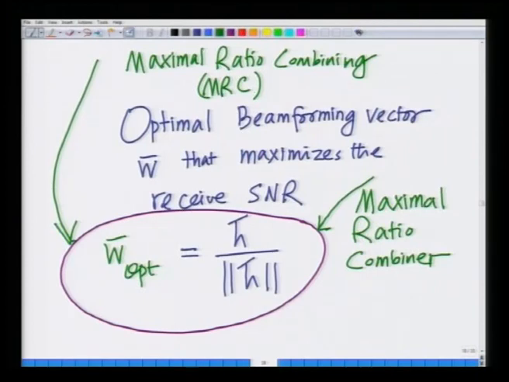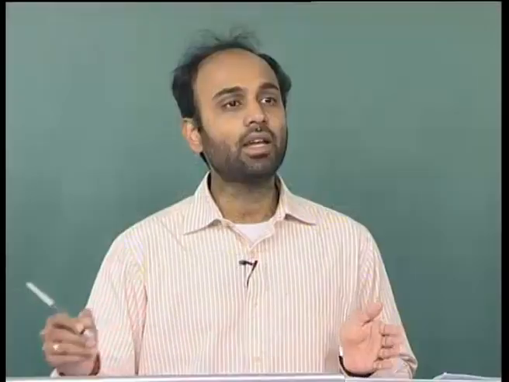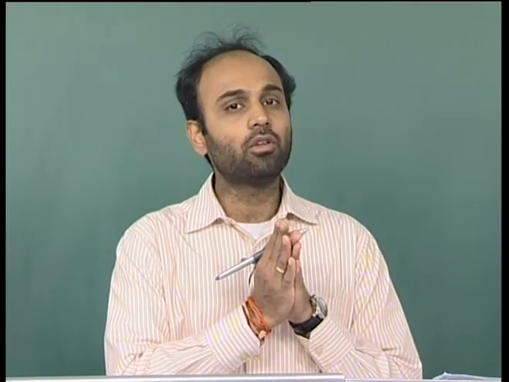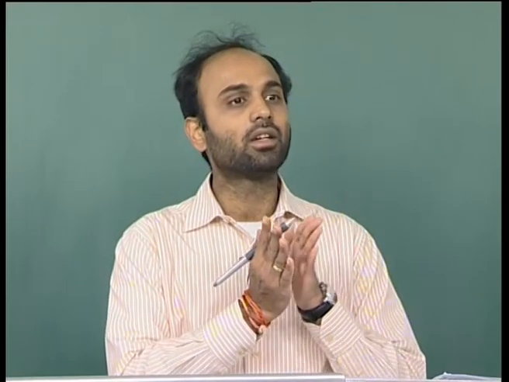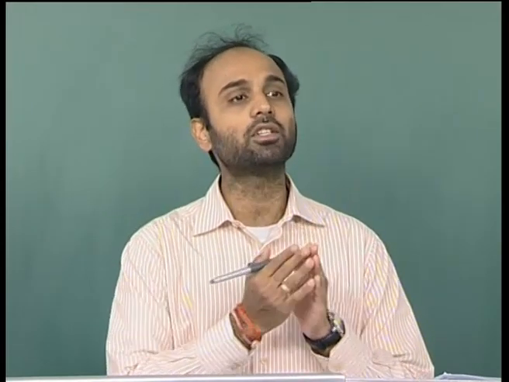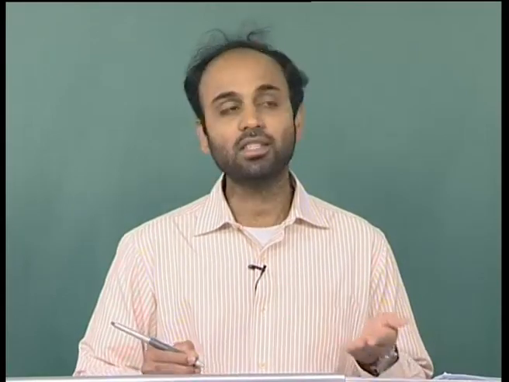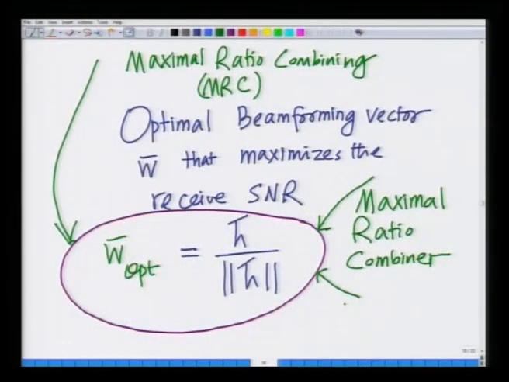Now, also look at this, the optimal combiner is simply the channel coefficient vector divided by norm of h, or it is simply some scaled version of the channel coefficient vector. So, in a sense it is matched to the fading channel coefficient vector, and if you are familiar with your theory of digital communications, when you match the filter at the receiver to the impulse response of the channel, that has a special name, that is known as the matched filter. So, this is essentially like a matched filter, except that it is a matched filter across the multiple antennas.